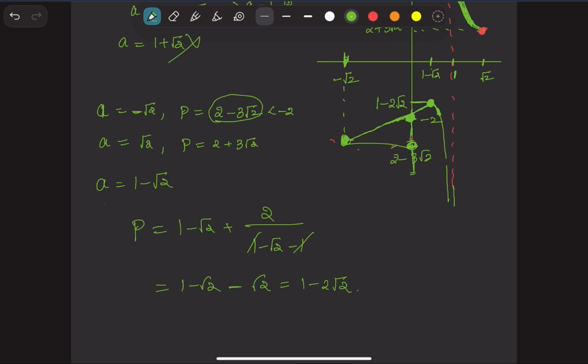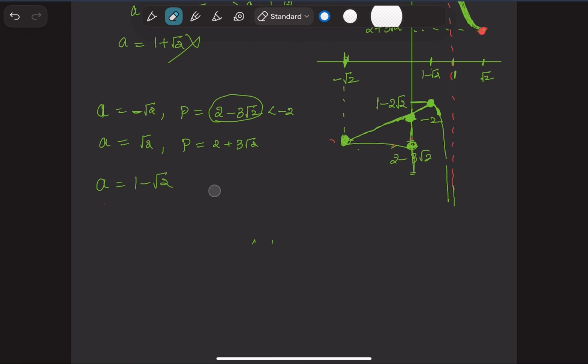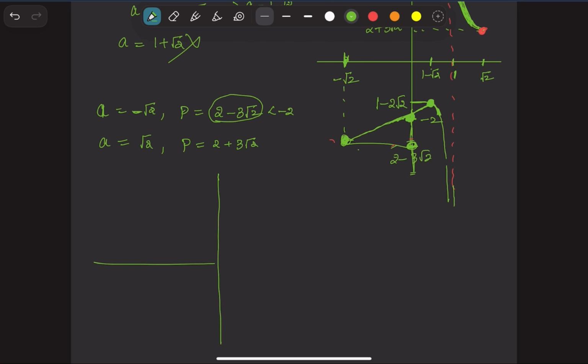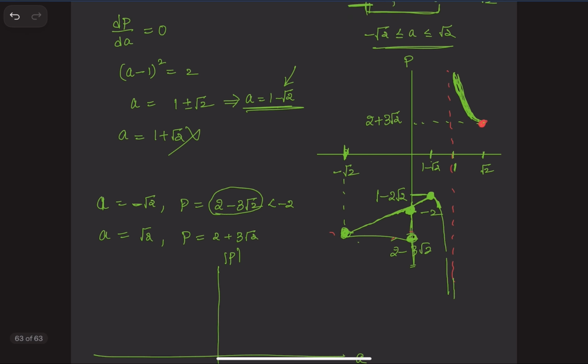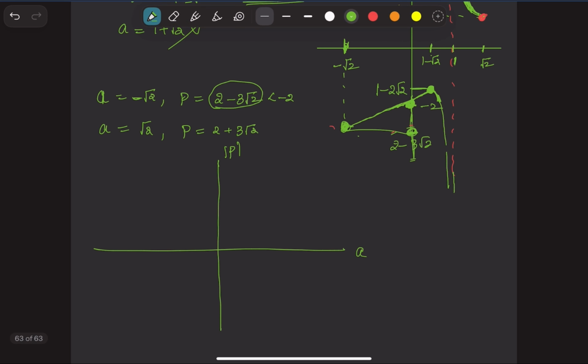Alright, so now let us go ahead and draw the graph of mod p. Let us say this is A and this is mod p. This part of the graph remains the same even when you take modulus. This is a positive part of the graph, so this part will remain the same.